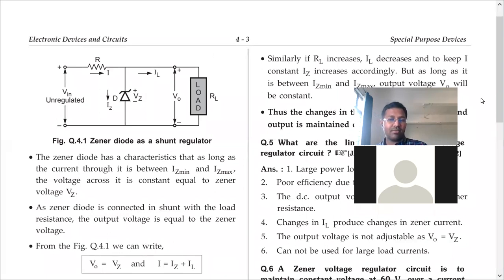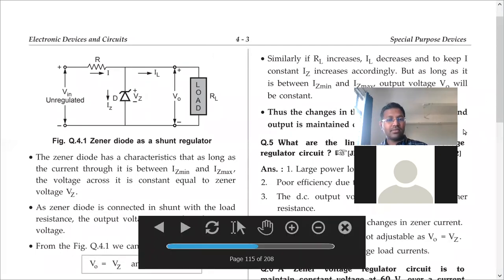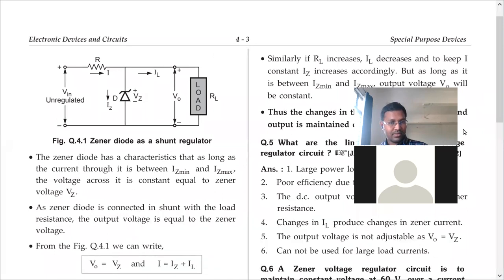Number 455. Fast. Yes. Okay, next A7. What happens when RL reduces? Number A7.